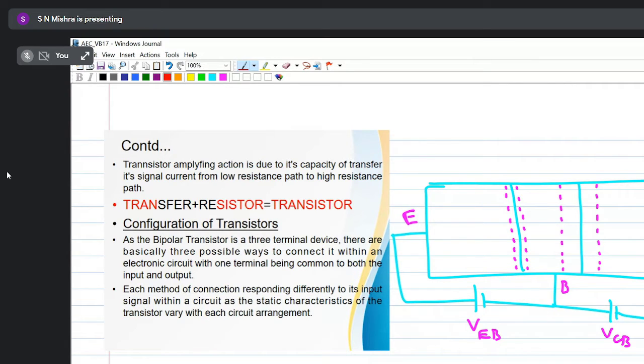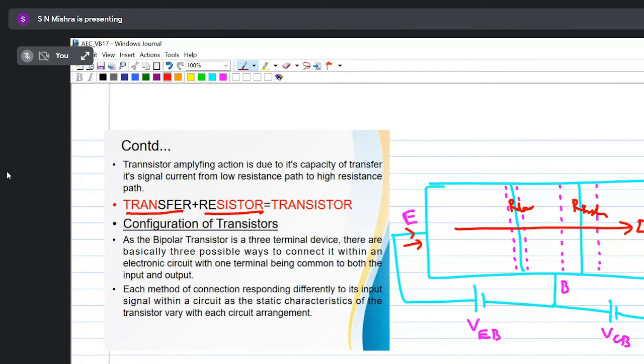So you see here, whenever we are sending, current is moving from the forward bias region to the reverse bias region. If the depletion region is narrow, that means we'll find less resistance, and reverse bias, a wider depletion region, will offer high resistance. So actually current is moving from a low resistance path to a high resistance path. So that's why these two terms, transfer and resistor, are given.